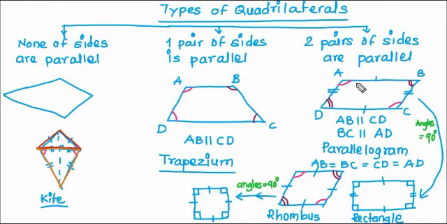So when the angles become 90 degrees, the parallelogram converts into a rectangle and a rhombus gets converted into a square.